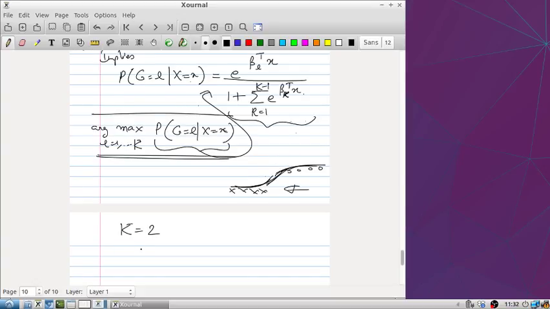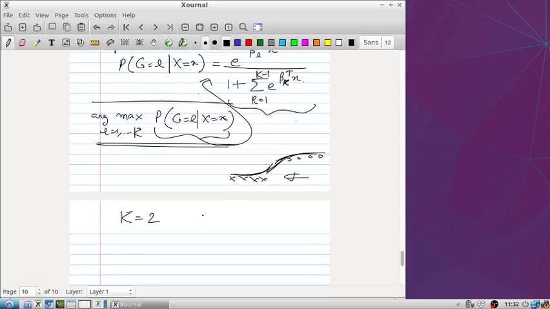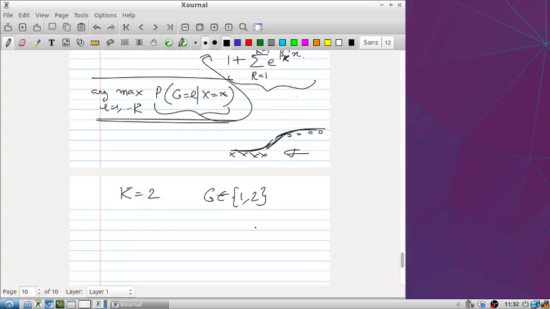For K equal to 2, there are two classes, so G can take two values, G belongs to either 1 or 2. The probability of G is equal to 1 given X is equal to x is e to the power beta transpose x.